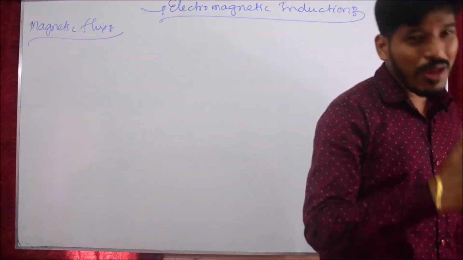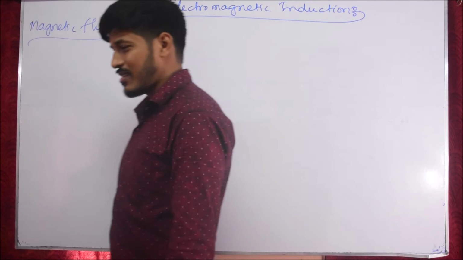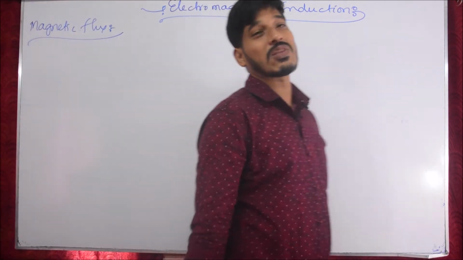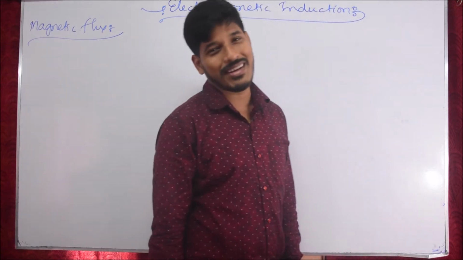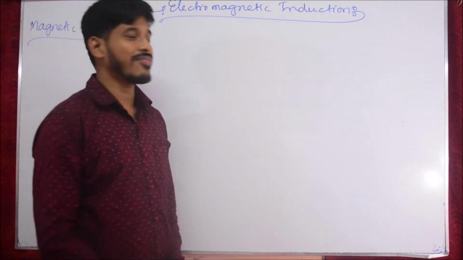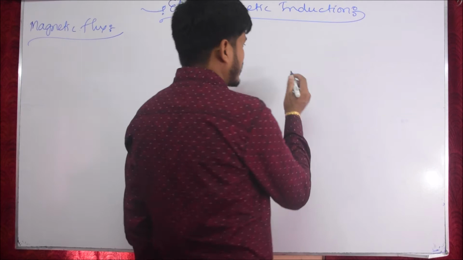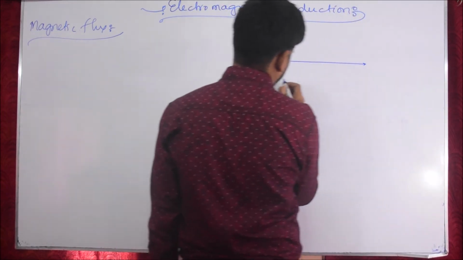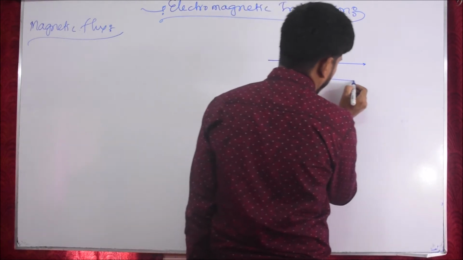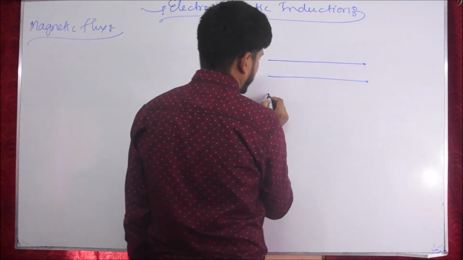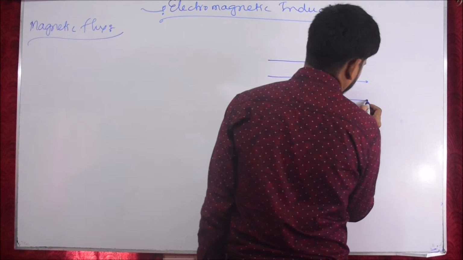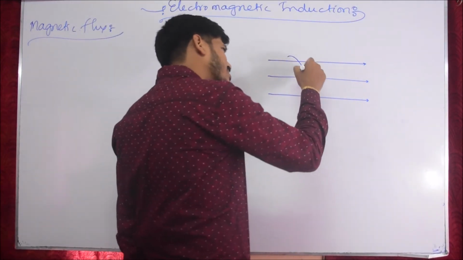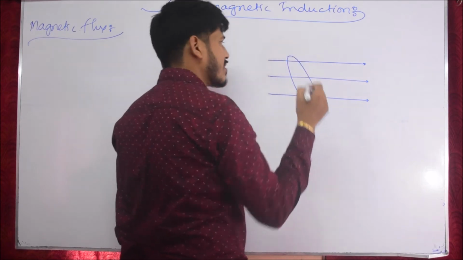Now the problem is that if the surface area is not perpendicular to the magnetic field, then what will happen? You see, suppose this is your magnetic field, right? And this is your any surface area.